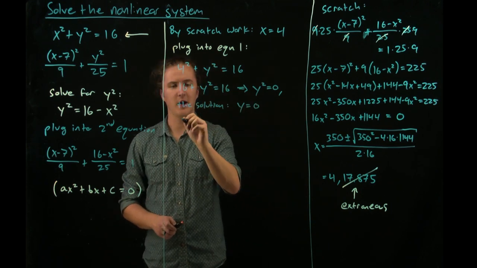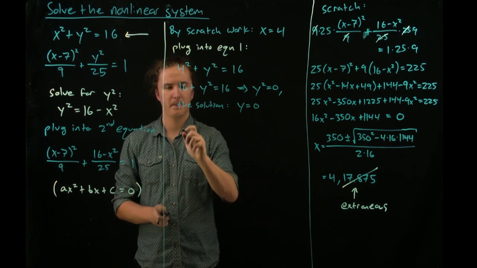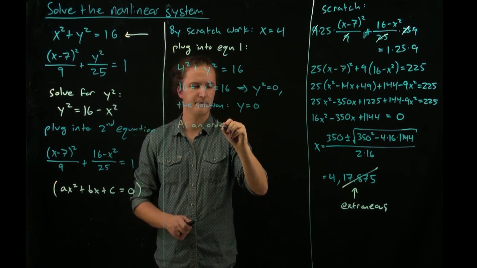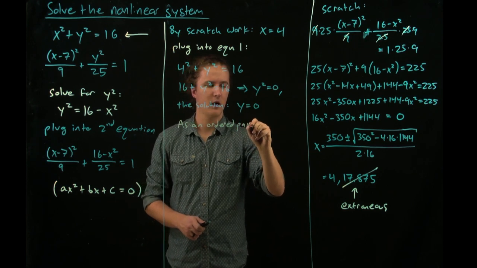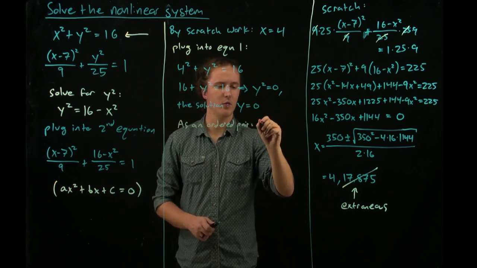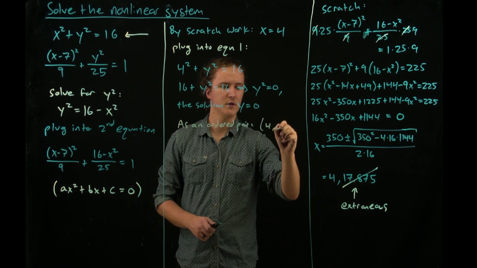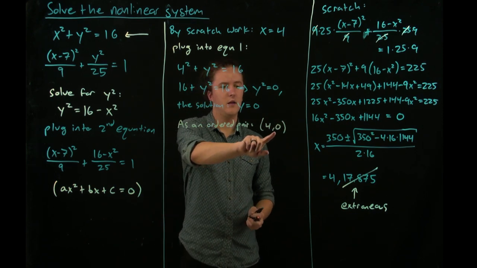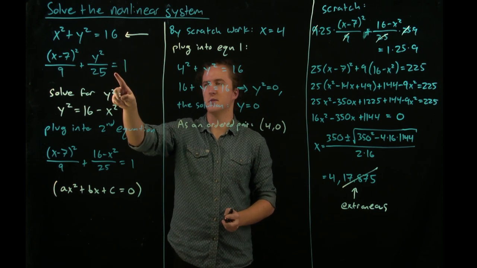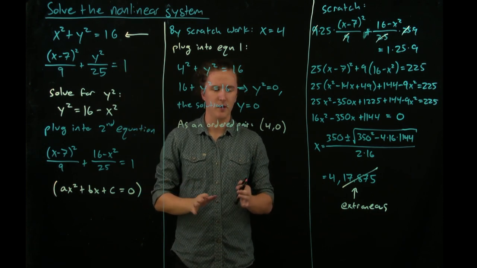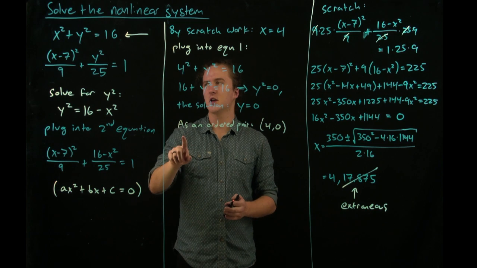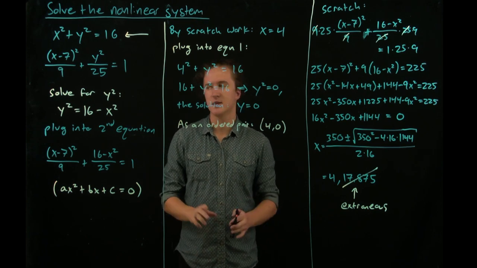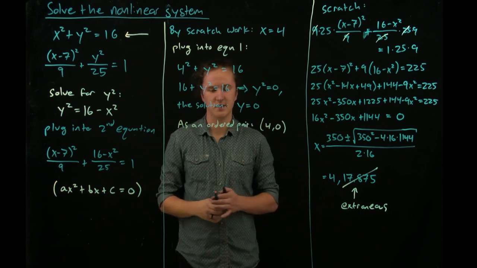So as an ordered pair, our final answer is the point (4, 0). Meaning this circle and this ellipse touch only at one point. And if you're curious why, let's do a quick sketch, maybe not super accurate, to see where this point lives.